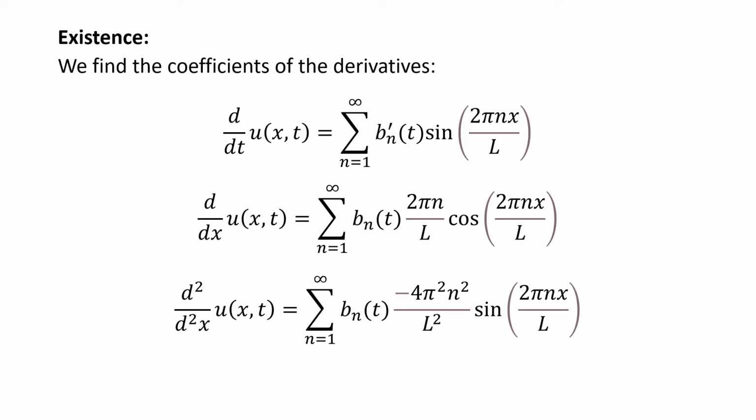So nothing happens there, but the coefficients depend on time, and then we take, of course, the time derivative of the coefficients. That's what we have done here. So if we want to take the time derivatives of the Fourier series, we just take the time derivatives of the coefficients.